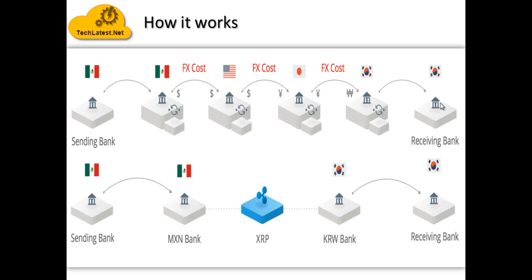So on the receiving bank side, in that country there will be another exchange or gateway. So these two gateways will reside in the sending and receiving bank's country respectively.